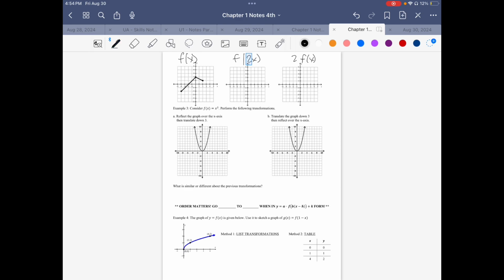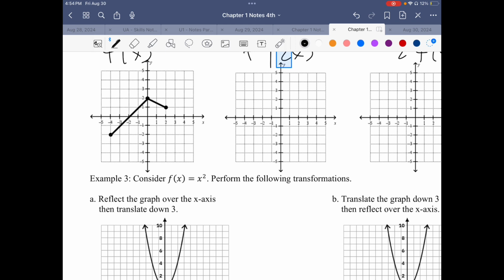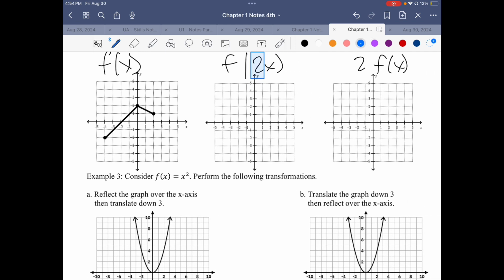So we take this point by point, and we see that in order to get twice as close from this point, we need to remain on the negative 2 this way, but we need to come in more to negative 2 also, because half of 4 is 2.